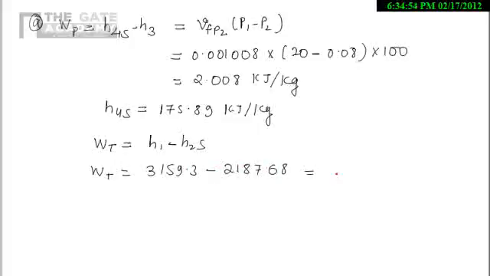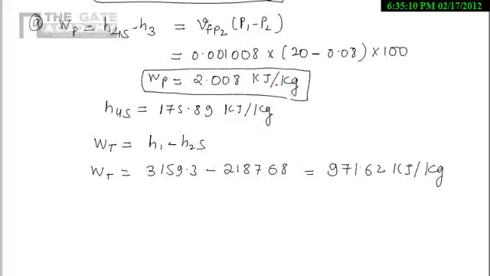So Wt comes 971.62 kilojoule per kg. So here we have the value of h2s, here the turbine work Wt, and the pump work. By this we have h4s. Now we have Wt, that is 971.62.